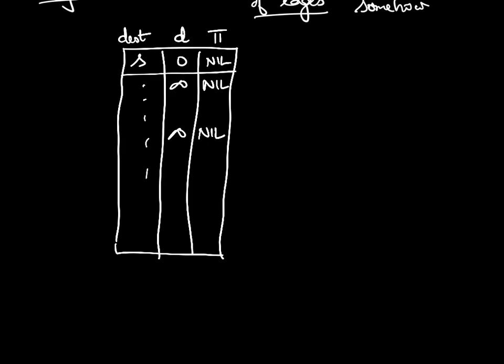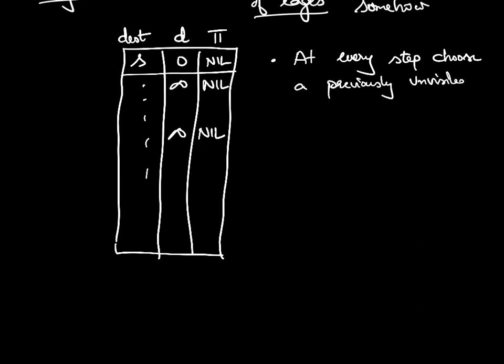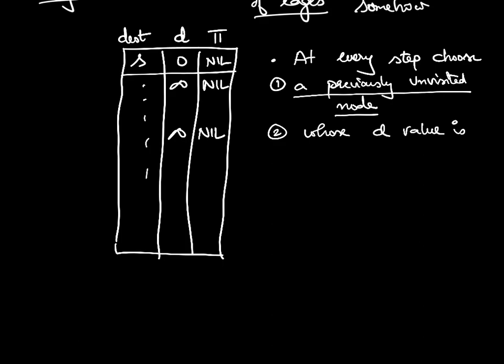Okay, so here is the idea. At every step, number one, choose a previously unvisited node whose d value is the smallest.